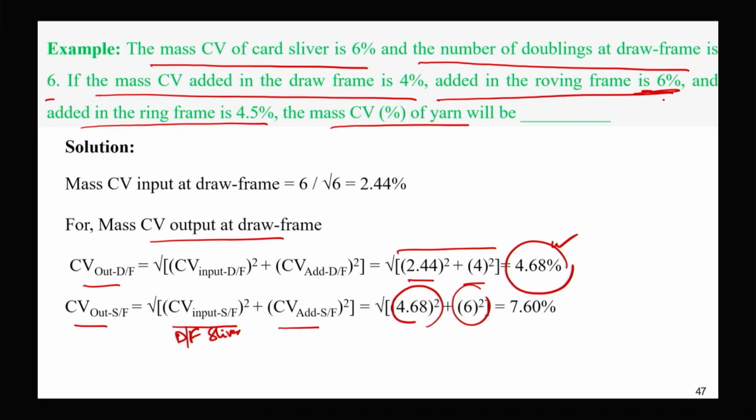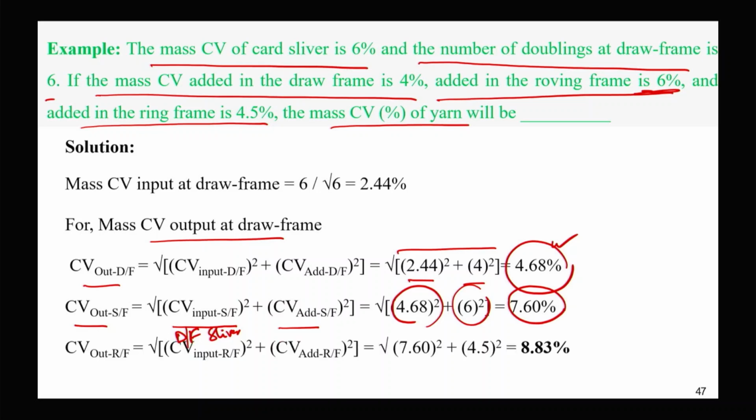So the roving becomes 7.60. Similarly, we can calculate the CV of yarn, that is the CV of roving squared plus the CV added at the ring frame, under the root. So 8.83 is the answer.